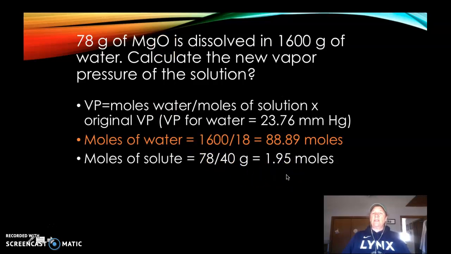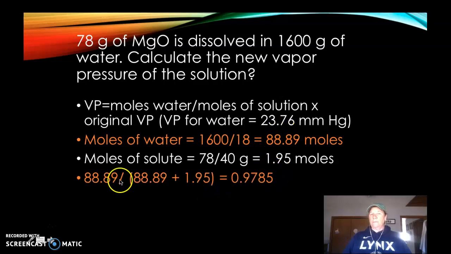Now, this is what some of you guys do. You take 1.95 divided by 88.89. That's not what you do. You take your moles of your solvent, 88.89, and then you add these two numbers together to get the moles of your solution. So you take your moles of your solvent divided by the moles of your solution. So you have to add these two, and you get 0.9785.